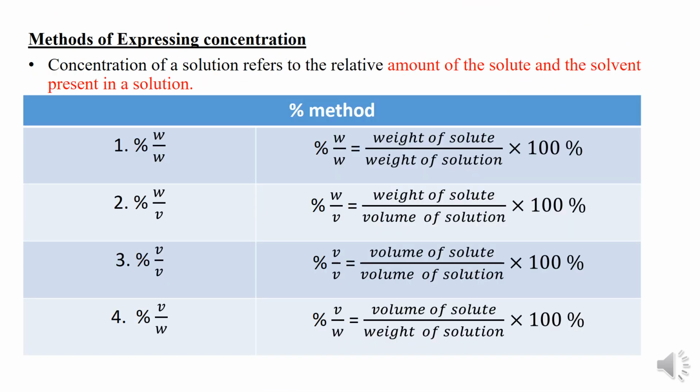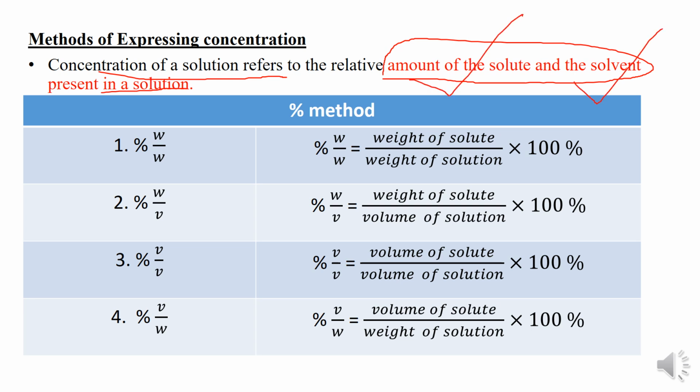First, concentration. What is concentration? Concentration of a solution refers to the relative amount of the solute and the solvent present in a solution. So concentration is the general expression of the amount of solute or amount of solvent. In general, the amount of solute refers to the concentration.